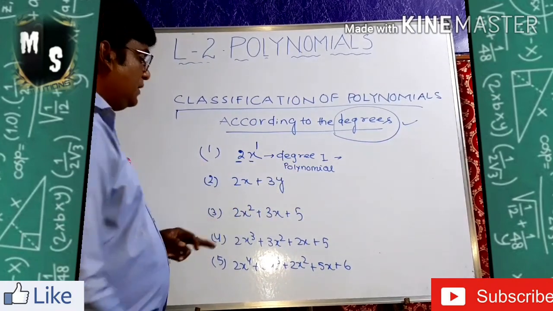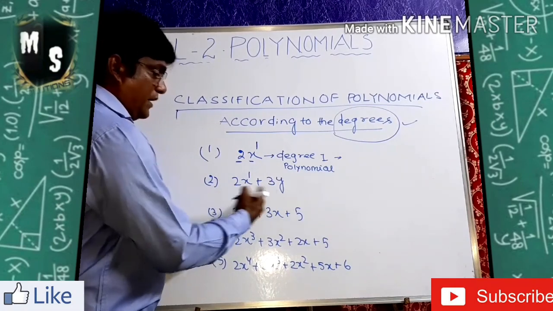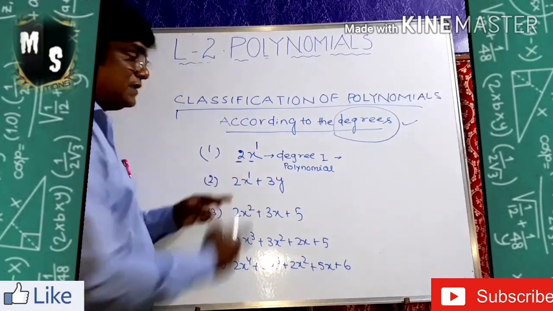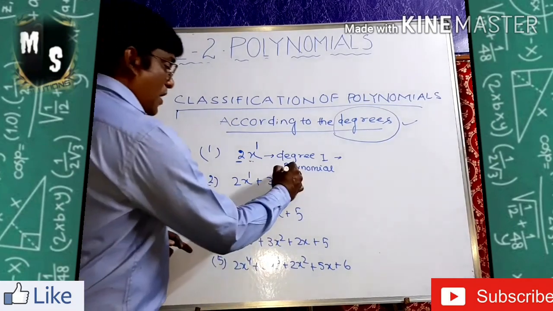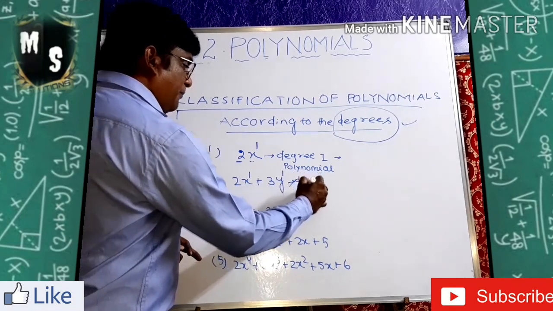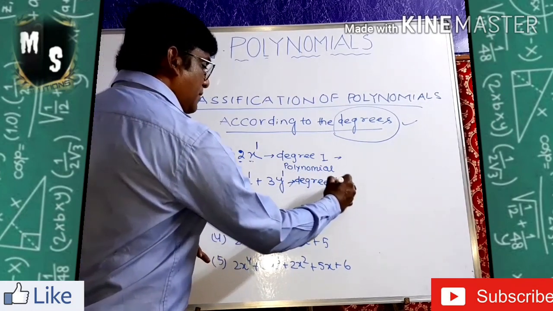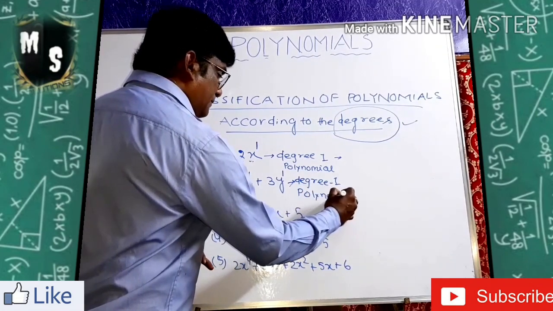Now you see here the variable exponent is 1, and here there are 2 variables. One expression has 1 variable, another has 2 variables, and the power is 1. So it is also a degree 1 polynomial. Clear?